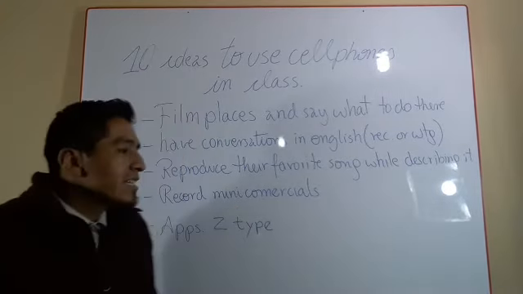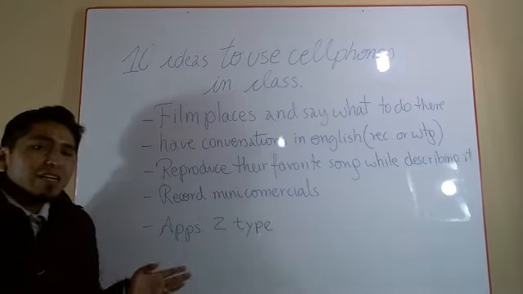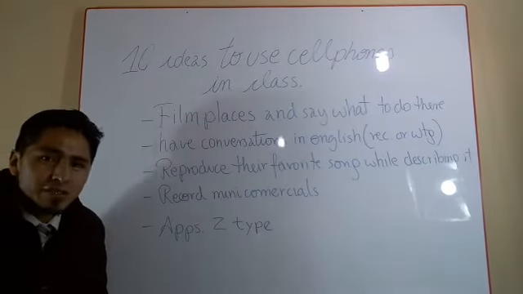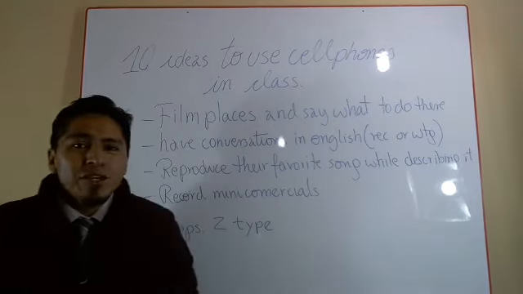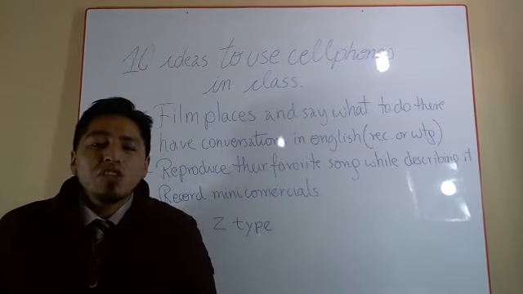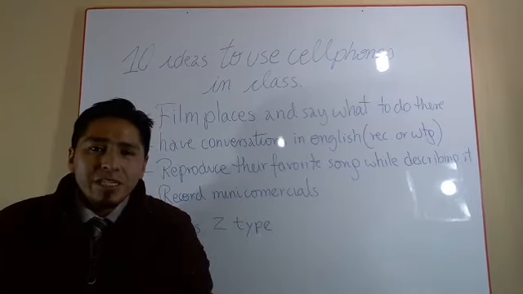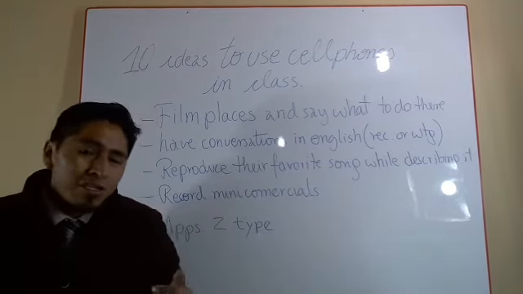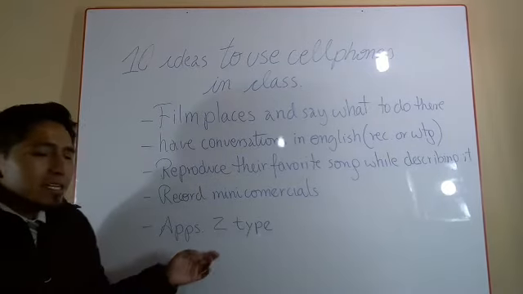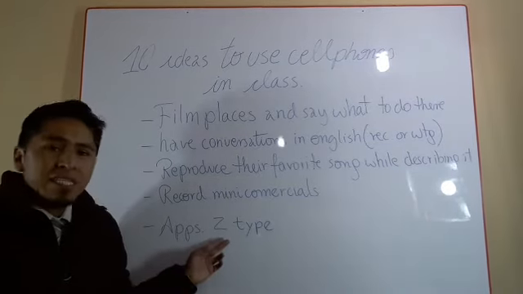And the last one, obviously there are lots of apps, hundreds of apps. You may tell me a lot. Now, if you know something that you used, please comment in the comment box below, so I can know more as well. So I will just tell you one. This is Z-Type.